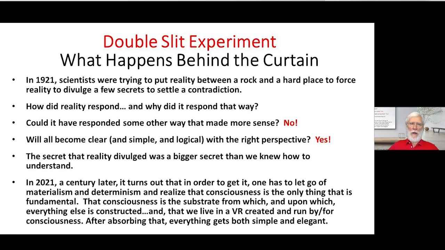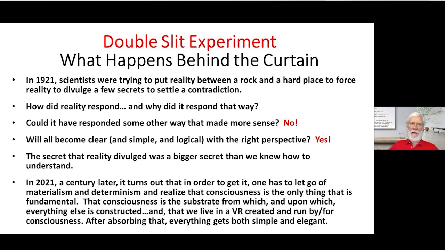Somewhere in the early 1900s, and this goes from about 1910, 1915 up through the 1920s into the 1930s, is when quantum mechanics as a science was first established. And it was established because of this double slit experiment. Since this is 2021, I make a nice little comparison here, because it's been just about a century.